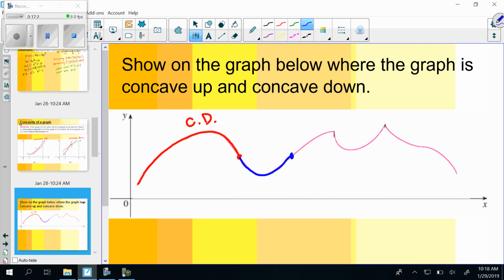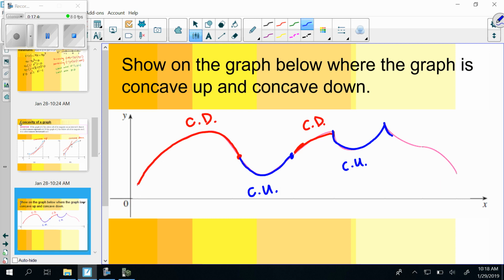So in this region, we would say it's concave up. Now somewhere in here again, it changes. This goes back to having tangent lines above, so this would be concave down in here. Now we have this upward facing curvature again, so everything in here would be concave up.